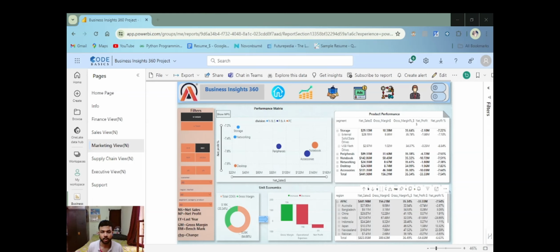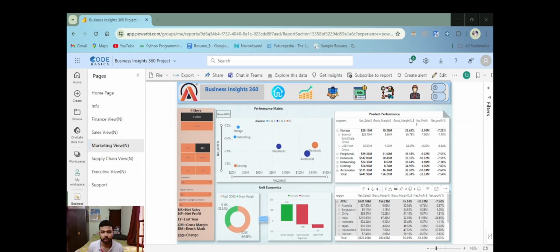Now, coming to the performance matrix, here we can see that if we select 2021, the notebook and accessories are doing pretty well, and this allows us to get into products with high net sales and assess their corresponding net profit percentage and gross margin.